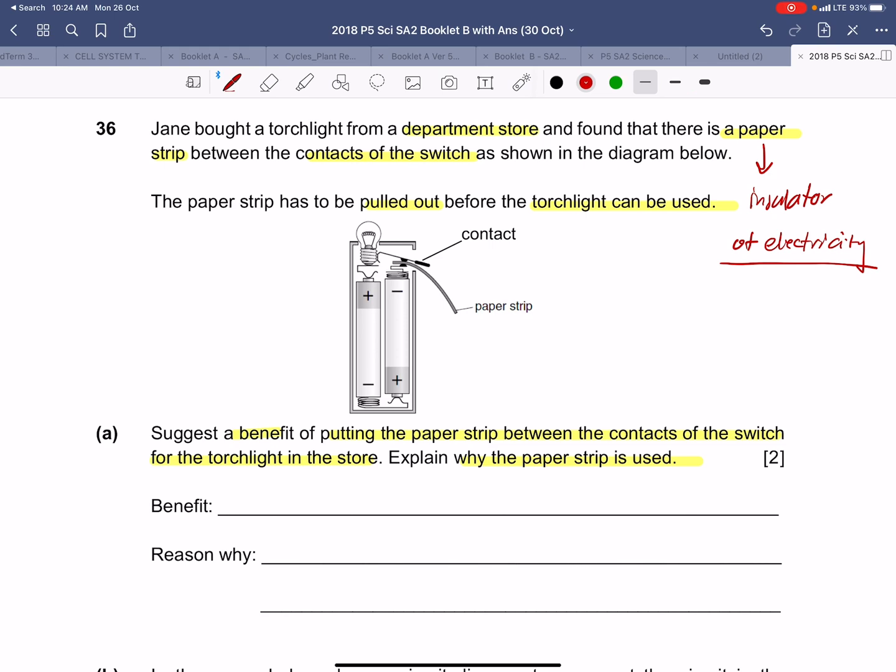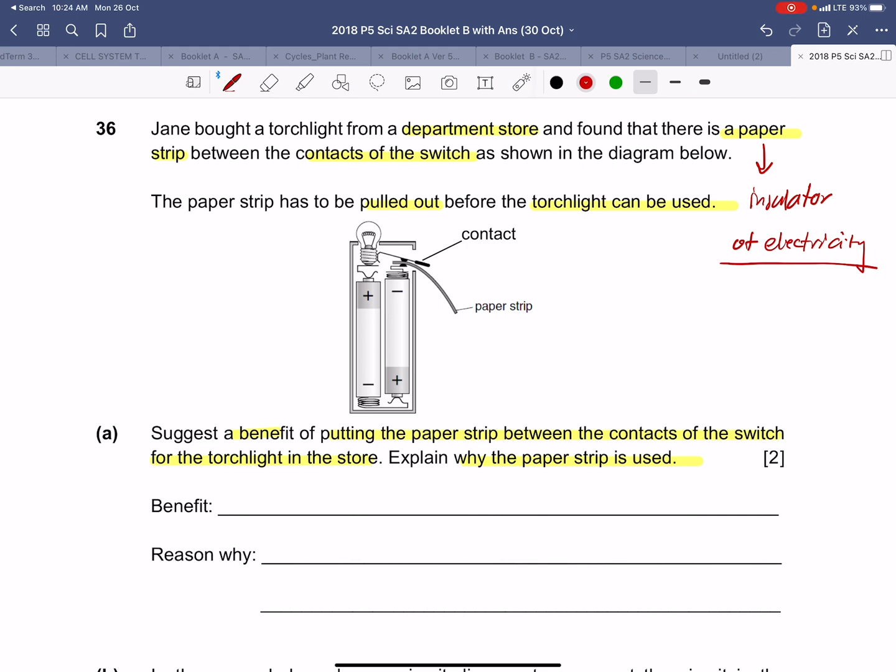A lot of students like to say, oh, paper is an insulator. No, insulator of what? Insulator of electricity, insulator of so many other things. So just saying insulator alone will not give you the mark later on. You have to tell me insulator of electricity.